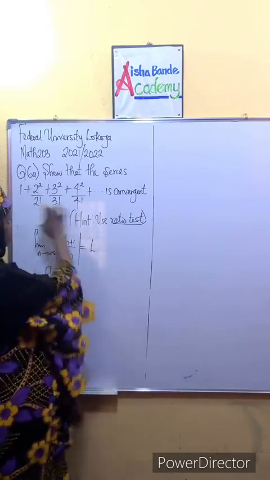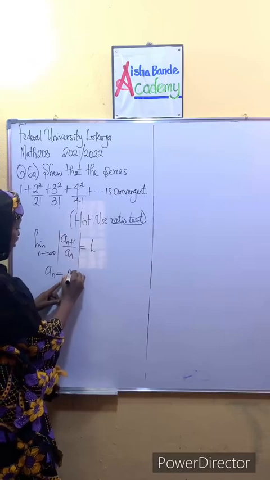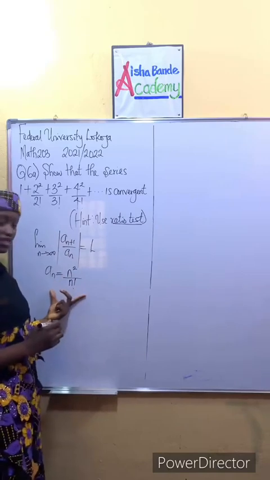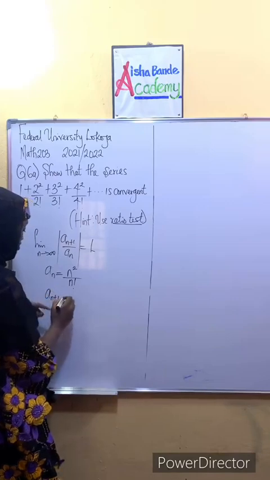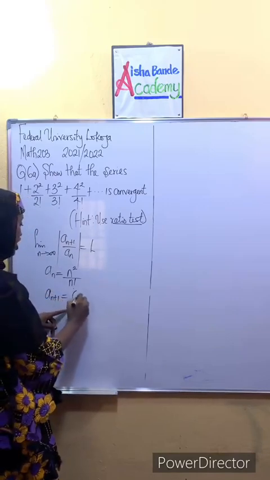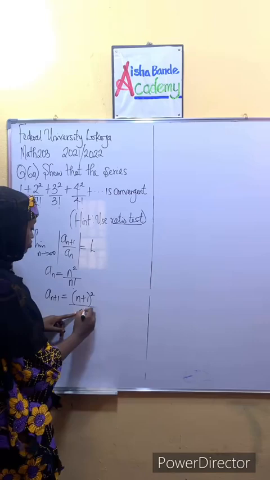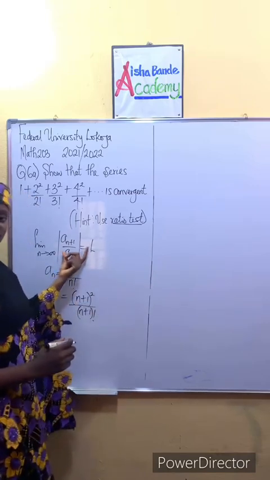Looking at the series that has been given, this is equal to n squared over n factorial. So this is a subscript n. Let's get a subscript n plus 1. This is going to be n plus 1 all squared over n plus 1 factorial. So now we have the two values needed.